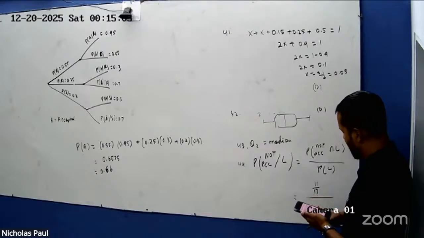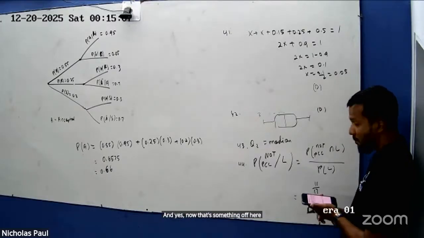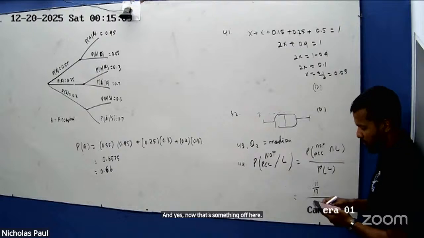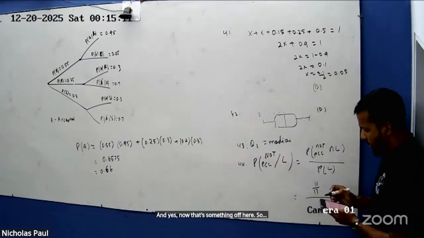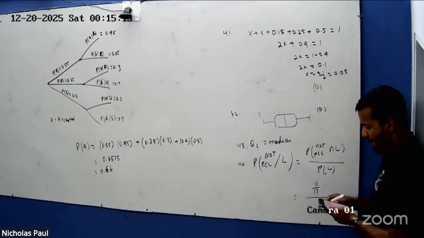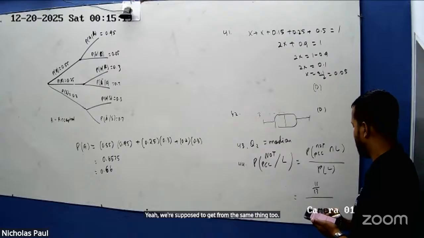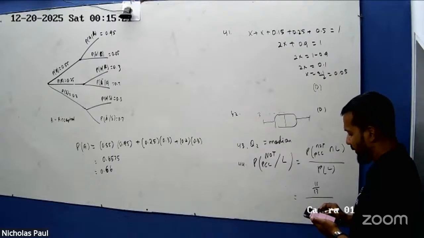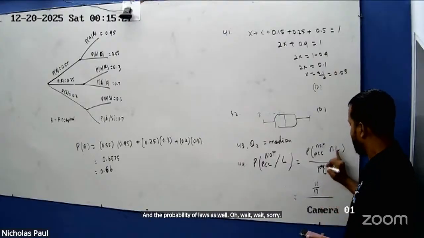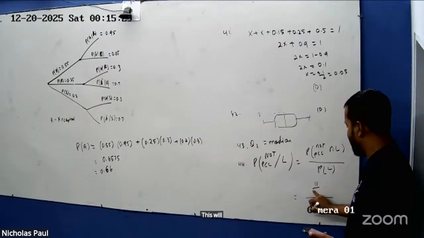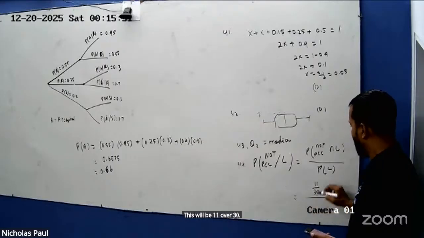Now there's something off here. We're supposed to get the same thing, and the probability of loss as well. Oh, wait, sorry. This will be 11 over 30, right?